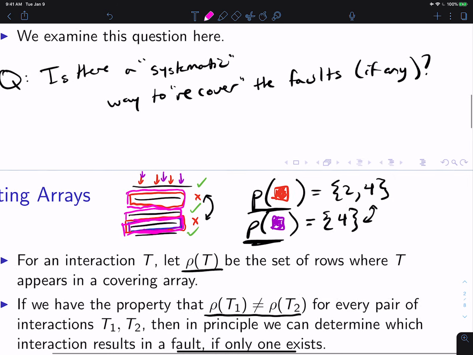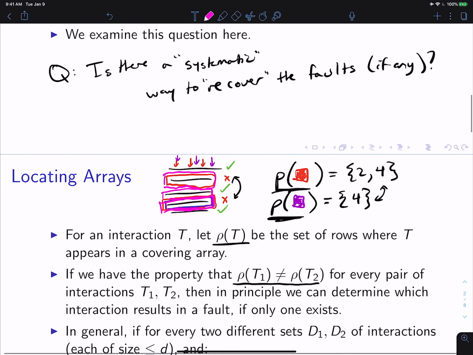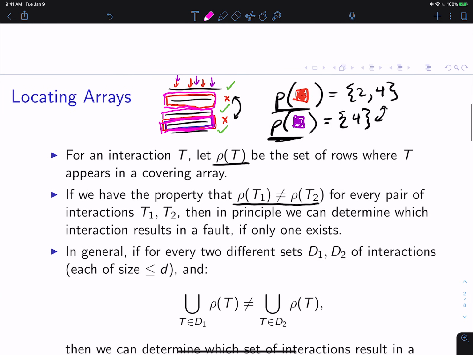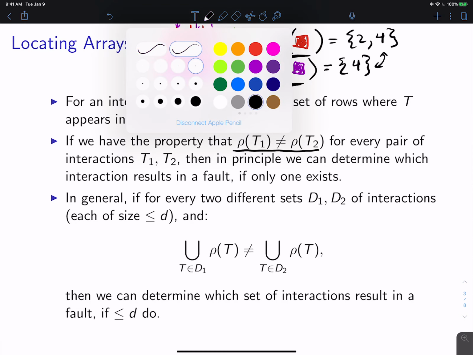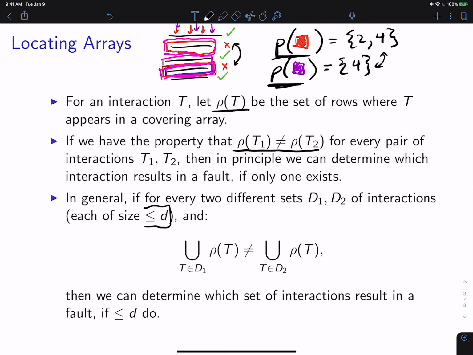But of course, in a real system, there may be more than one fault. So we're going to make an additional assumption. If we know some upper bound, let's call it D, on the number of faulty interactions, then it could be any set of D, or at most D interactions.